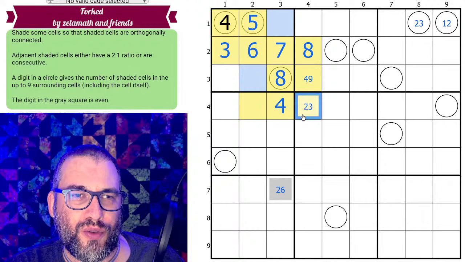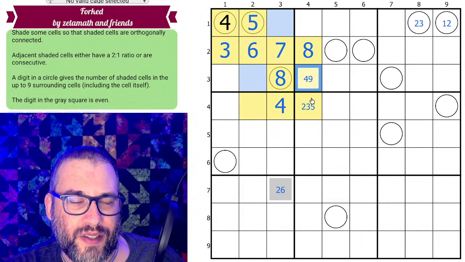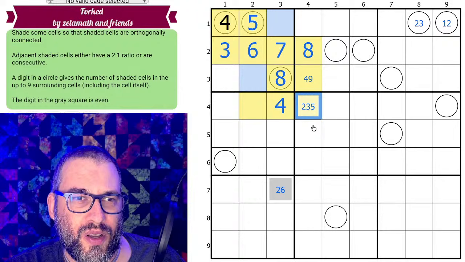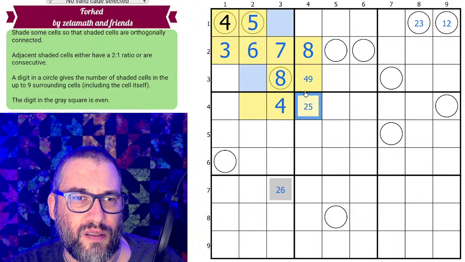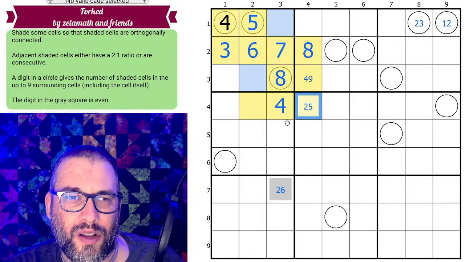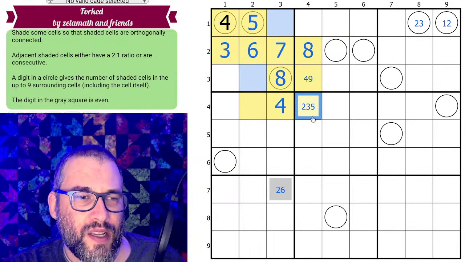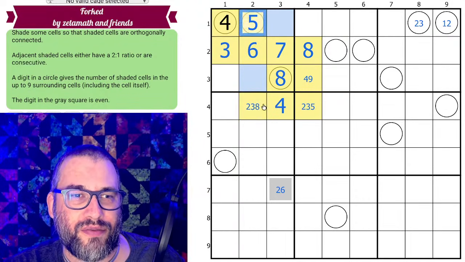Yeah, this is 2, 3, or 5. Well, it's not 3, because that doesn't have a relationship with 4 or 9. No, wait, that's completely wrong. Yeah, this is 2, 3, 5, or 8, but not 5.